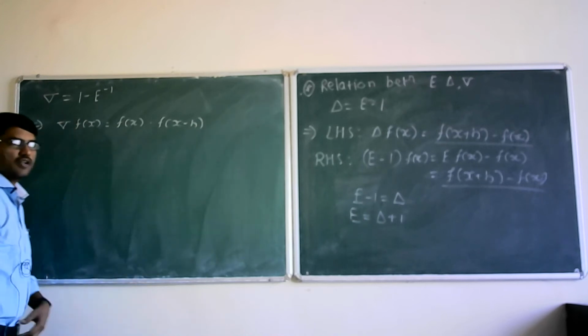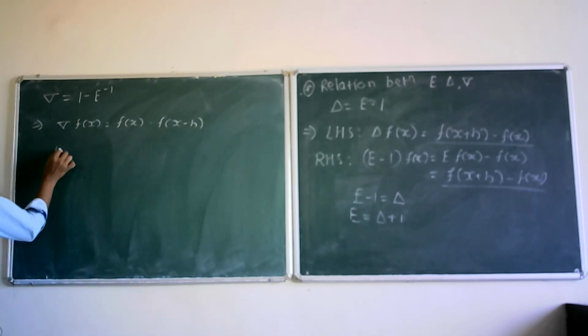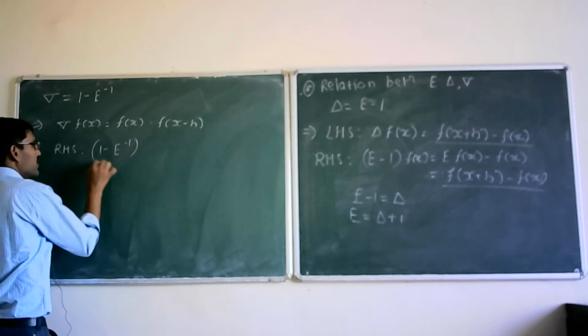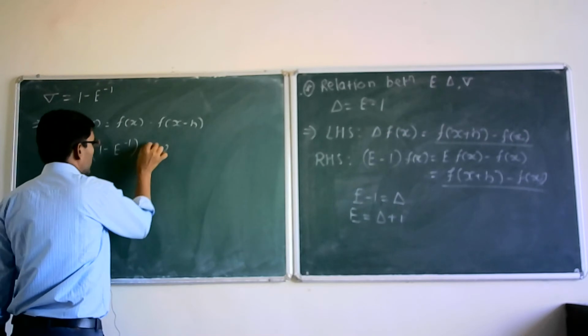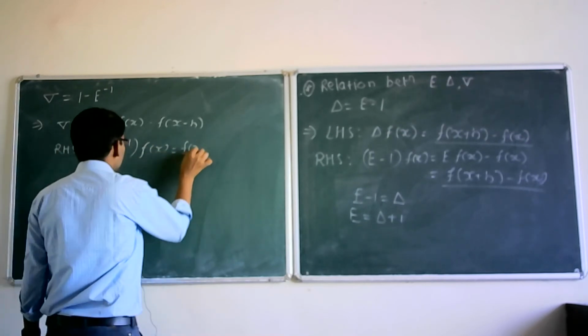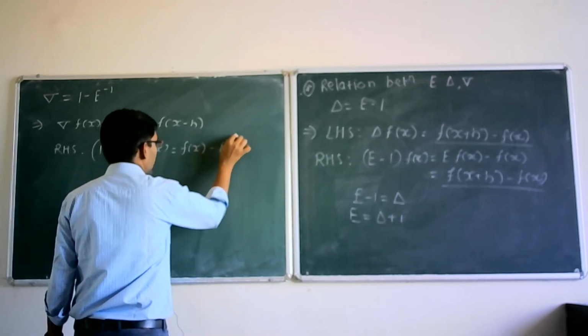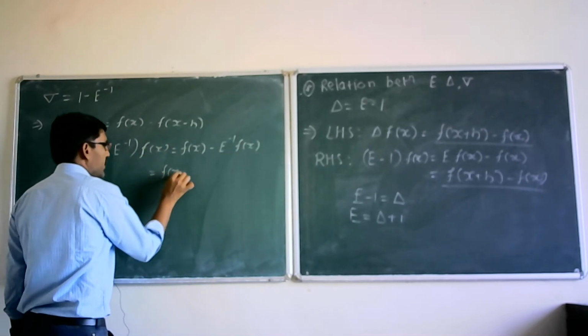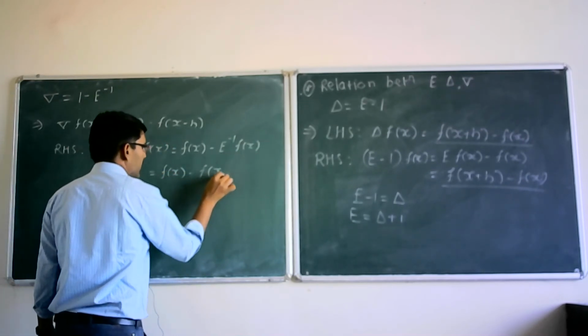Okay, so this is the del operator. This is the LHS. On the RHS, 1 minus E raised to minus 1 f of x is equal to f of x minus E raised to minus 1 f of x. So this is equal to f of x minus f of x minus h.